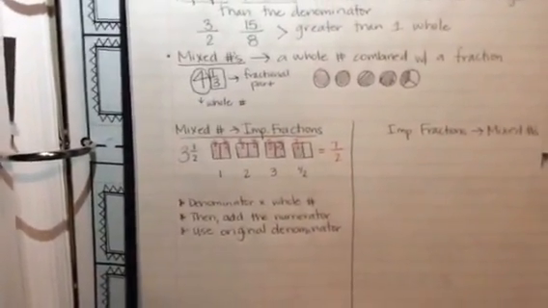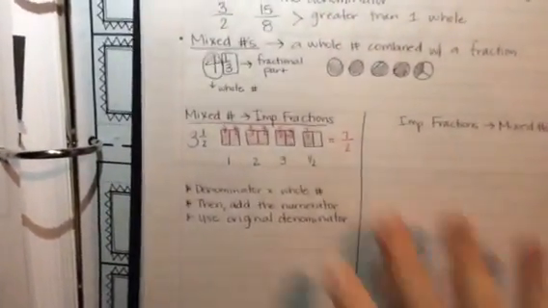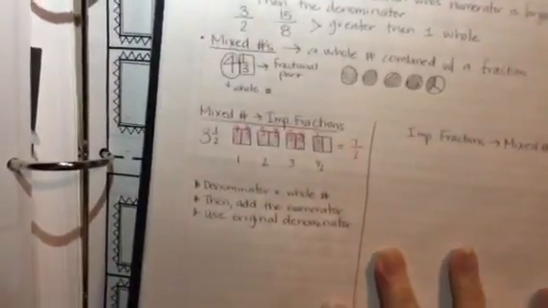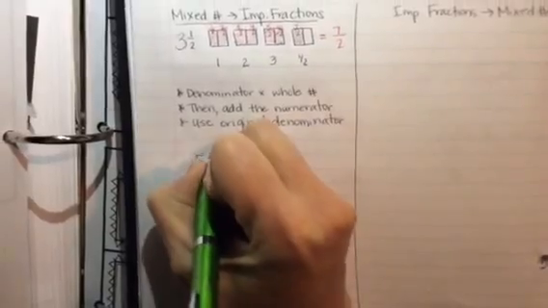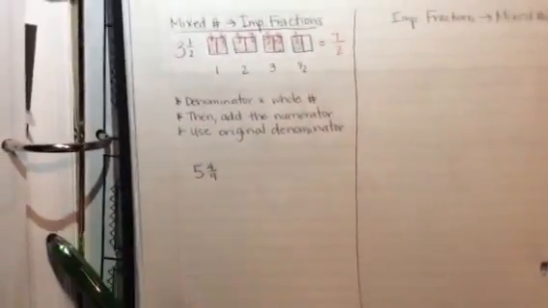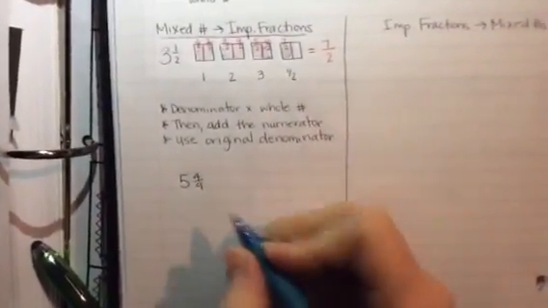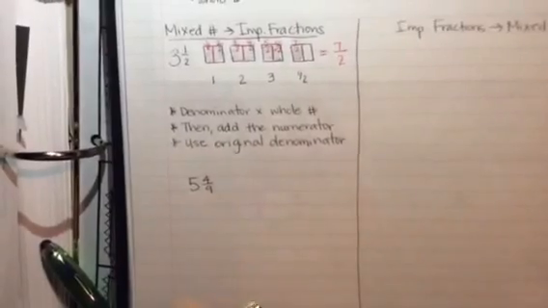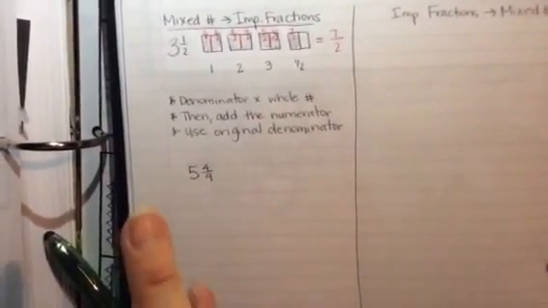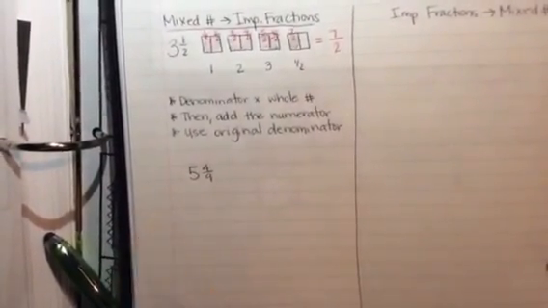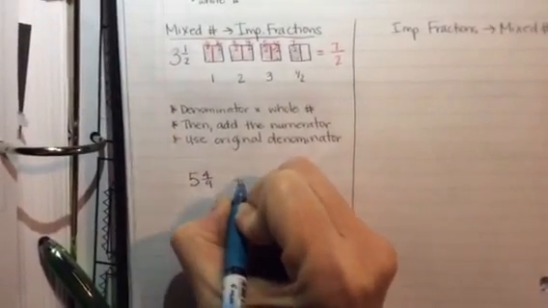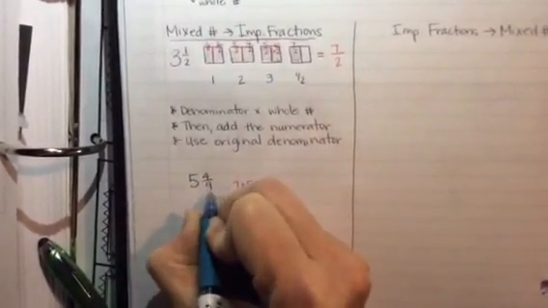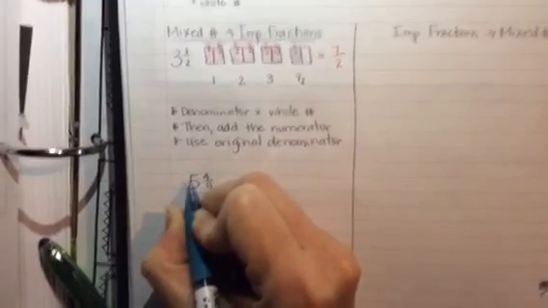So let me show you what this looks like with a couple of examples. Let's do 5 and 4/9. Okay, so we don't want to draw out 5 and 4/9, because you've seen my drawing and you know how bad I can draw ninths. But if we're going to do this one, we're going to do 9 times 5, because that's our denominator, times 5 wholes.